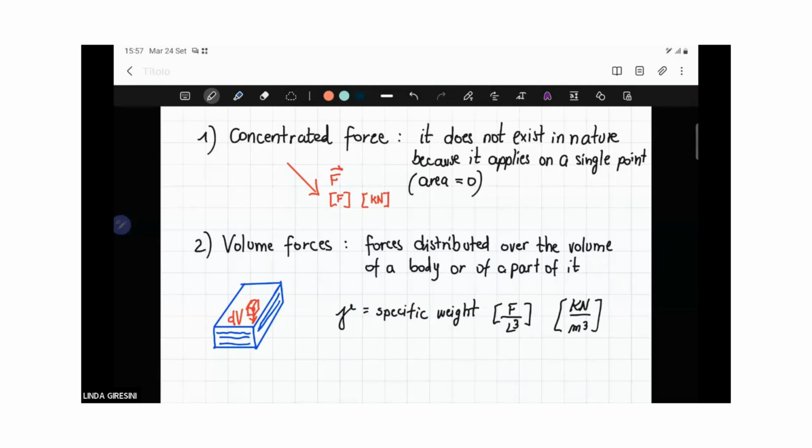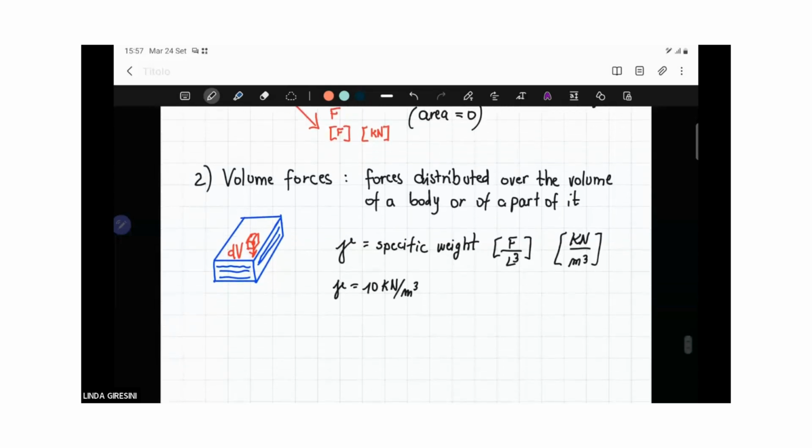So if this book has a specific weight, I don't know, for example gamma of 10 kilonewtons over cubic meters, okay? And we want to find W, which is the magnitude of the self-weight of the book.